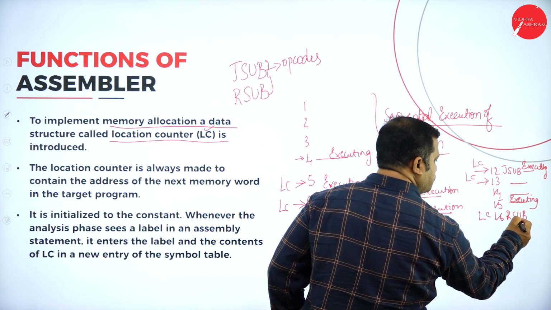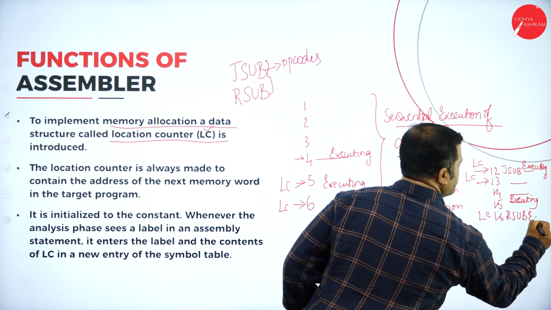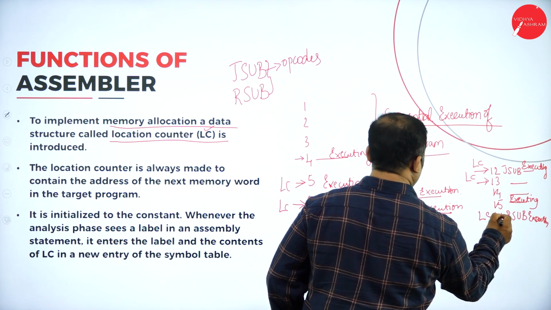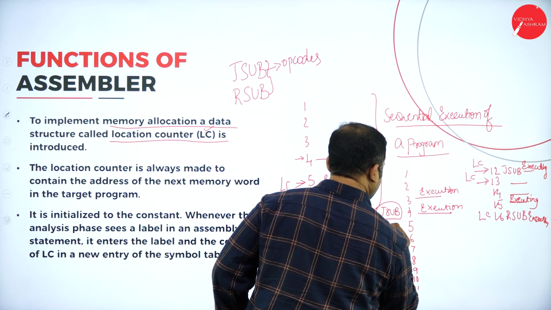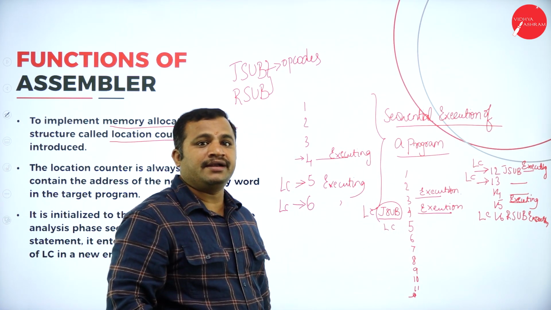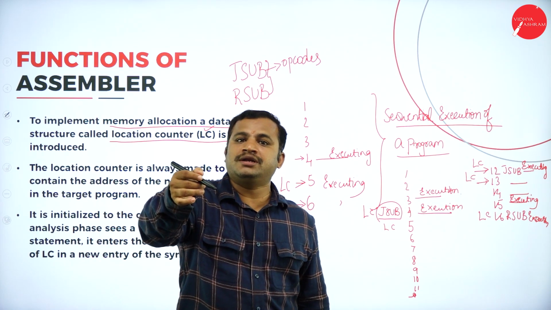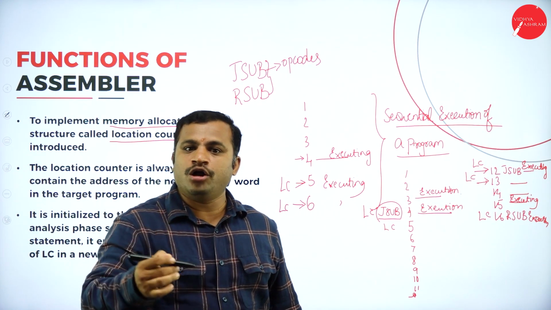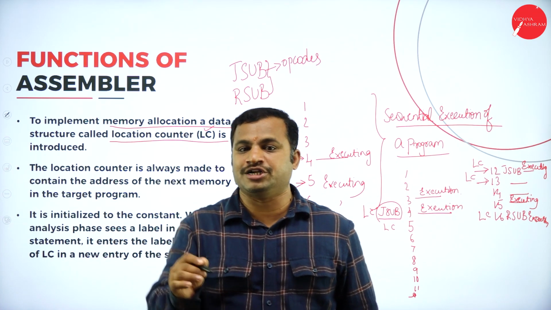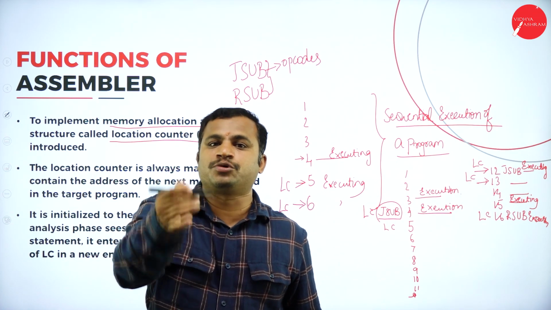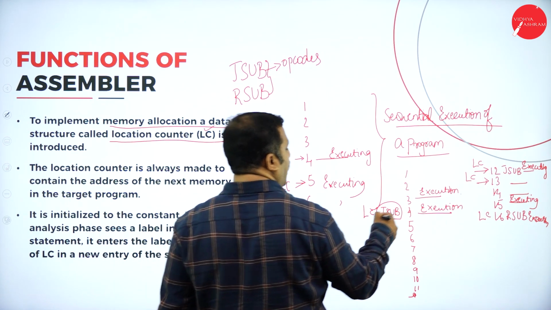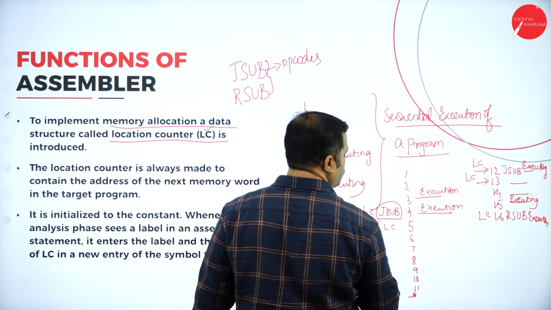When you come to this point of execution, the location counter has already moved to the 5th location. So the location counter is a pointer that always contains the address of the next instruction to be executed by the assembler.